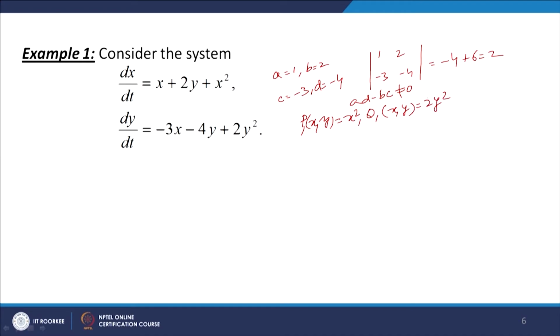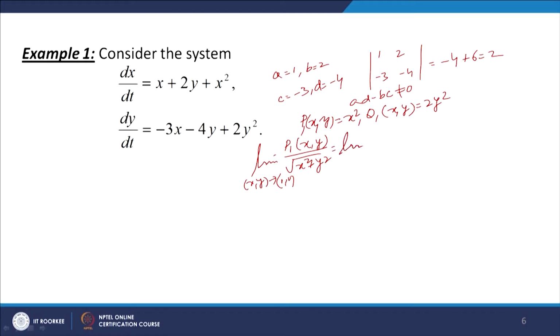Since P1 and Q1 are polynomials in x and y of degree 2, they have continuous first order partial derivatives, and further, let us find the limit of P1(x, y) over the square root of x squared plus y squared as (x, y) tends to (0, 0). We shall show that this limit is 0.